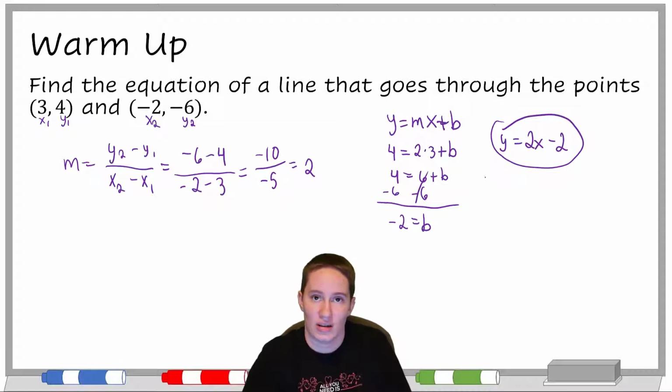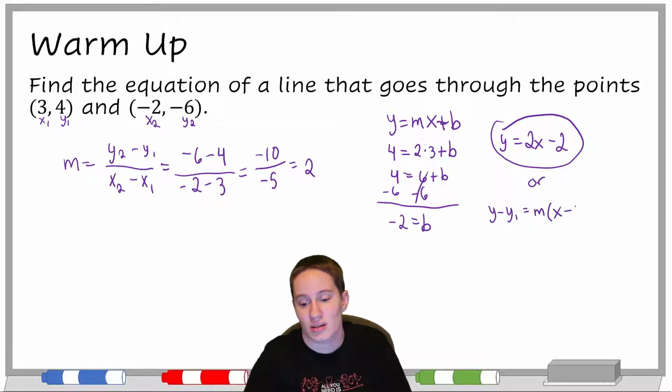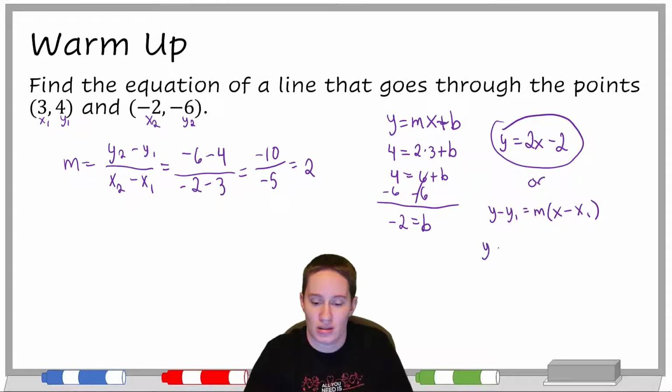If you instead are a point-slope person, which is my favorite way to write it as well, then I'll remind you that point-slope is the one that does y minus y1 equals m times x minus x1. And so if we use the first point, it'd be y minus 4 equals 2 times x minus 3.